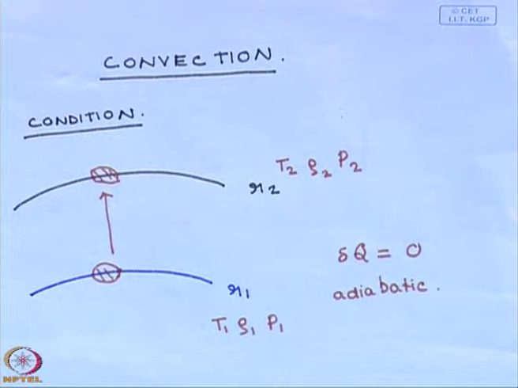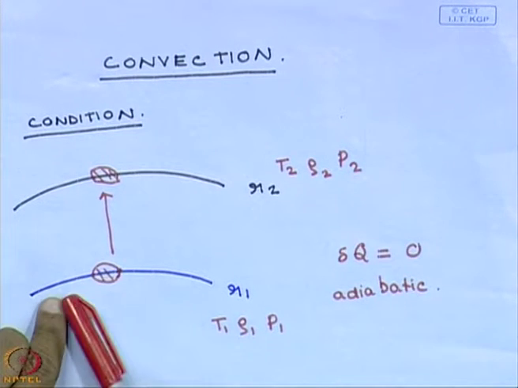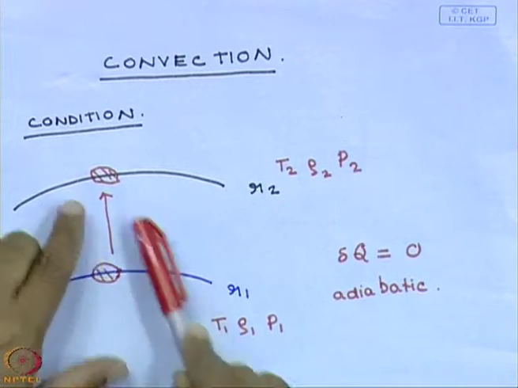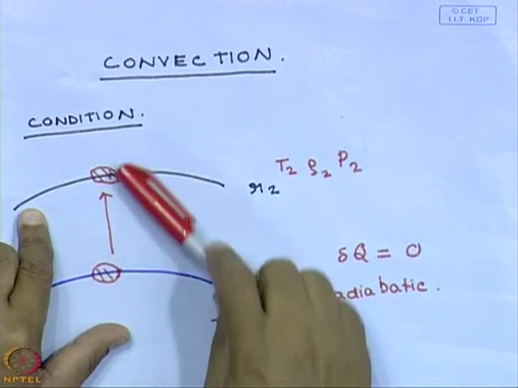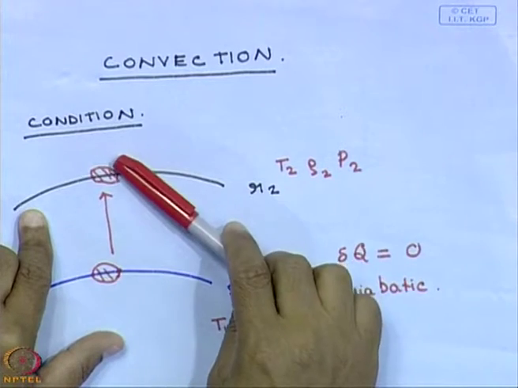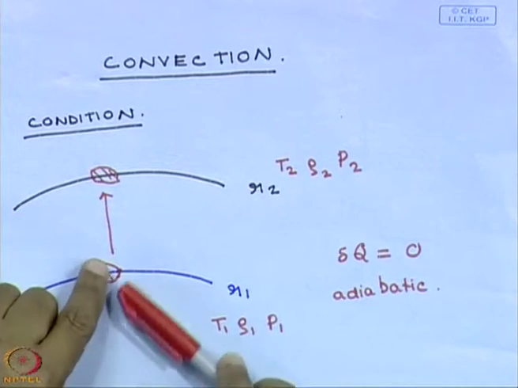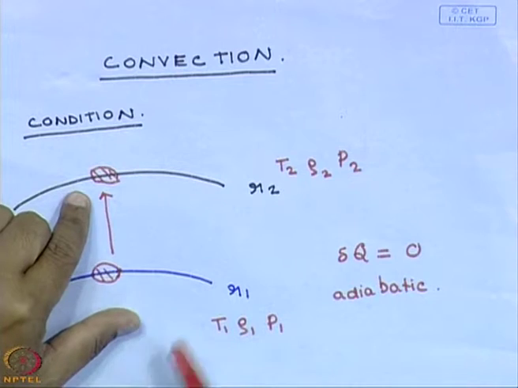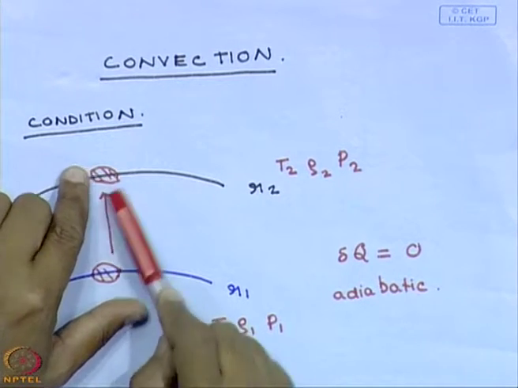Since the bubble moves from a place where the pressure is higher to where the pressure is lower, because it has moved up and the pressure is lower outside, the bubble is going to expand.